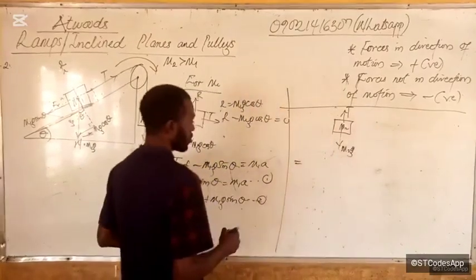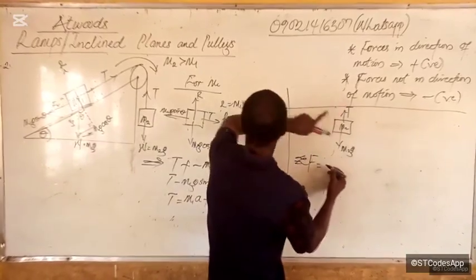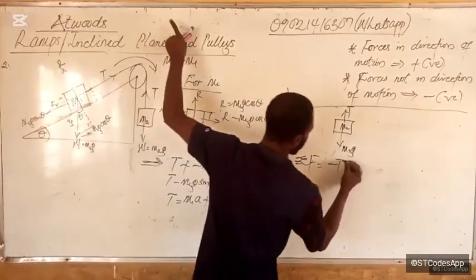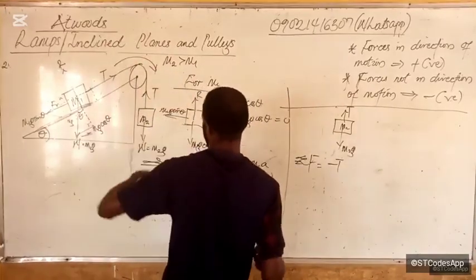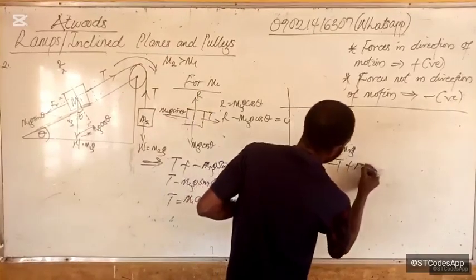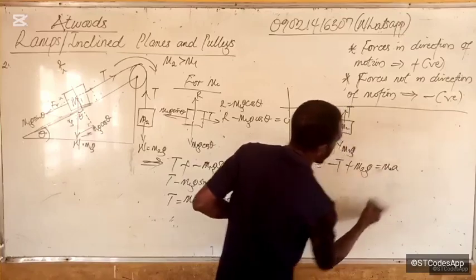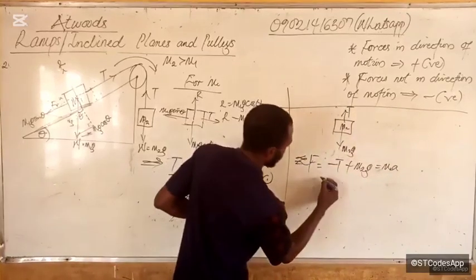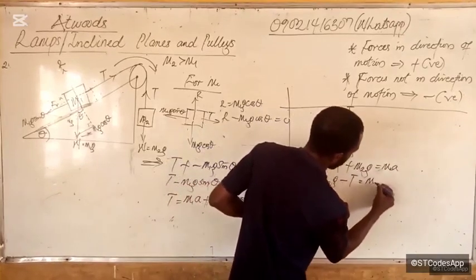So we have summation F equal to tension, opposite direction of that, will be minus T. Weight is in the direction of motion on this side, since the body is moving like this, because M2 is greater. Don't forget that. So we have plus M2g will give us M2a. So we now have M2g minus T is equal to M2a.